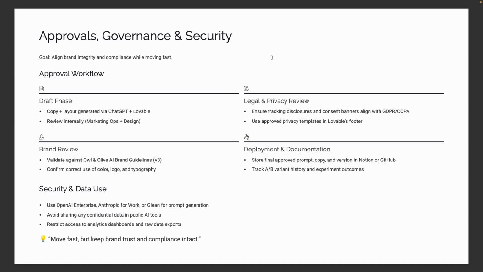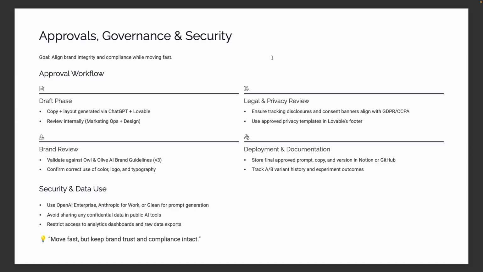You already have tools in place to get that approval. You could do a quick demo and record it in Loom to make that approval easier. But obviously, thinking about legal and privacy review, a lot of companies have brand reviews. And you want to make sure you've deployed and documented everything properly before you push it out there.